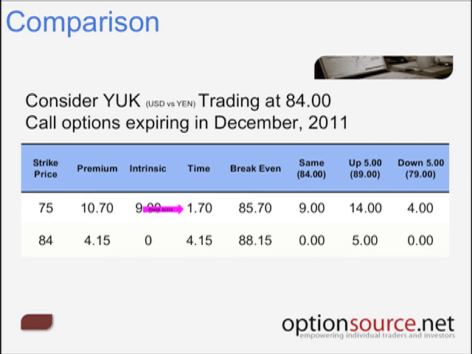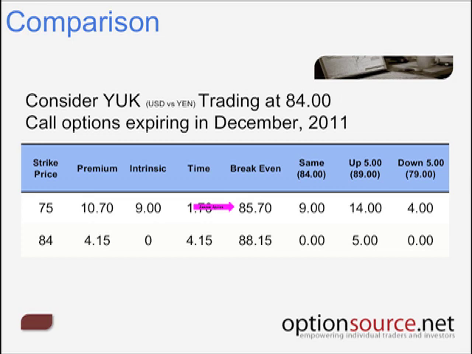Now, the important consideration is that the 75 strike option contract is really only worth $1.70 in time versus $4.15 in time. What also is, I believe, an extremely important factor is that we basically have a break-even point for that deep in the money call option of 85.70.